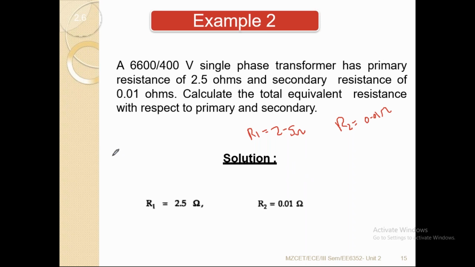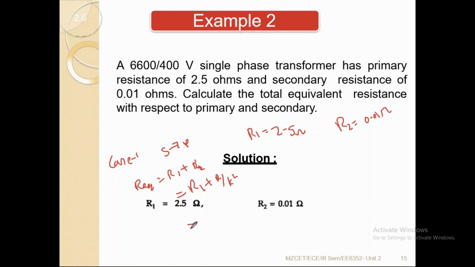Case one is when the secondary is transferring to the primary circuit. What is the formula here? Req equals R1 plus R2 dash, and its value is R1 plus R2 divided by K square.